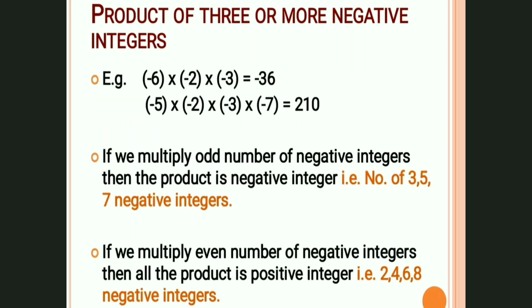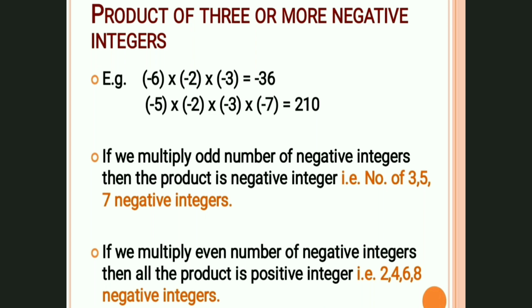Now, before we sum up for the day, let me explain the last topic, the product of three or more negative integers. Yes, children, look here. I will explain by giving an example. Here I have taken three negative integers, that is minus 6, minus 2 and minus 3.